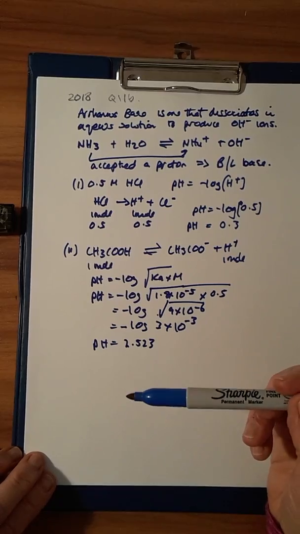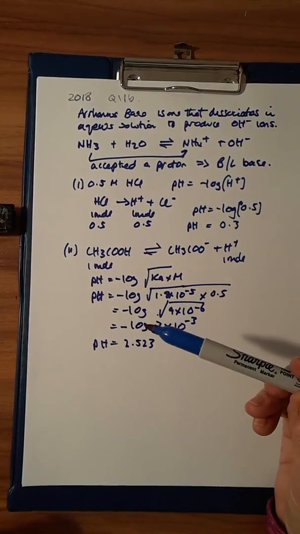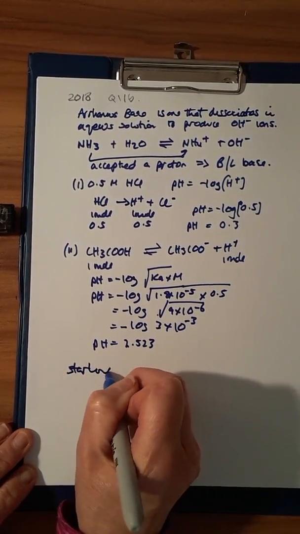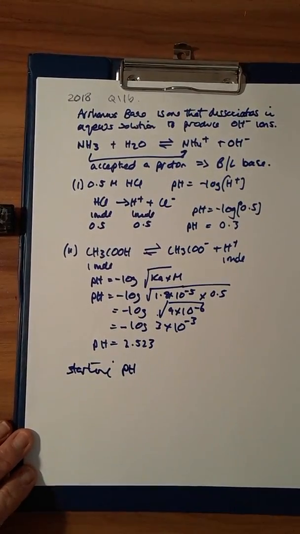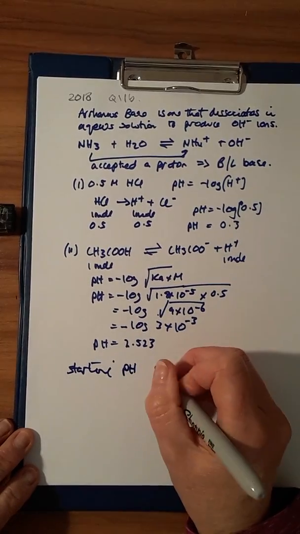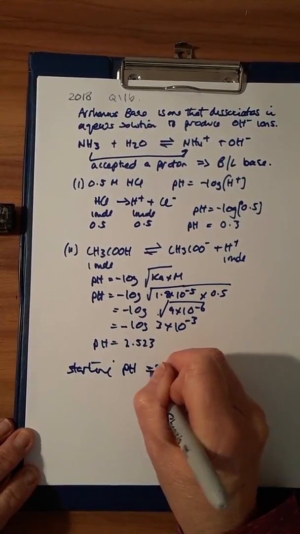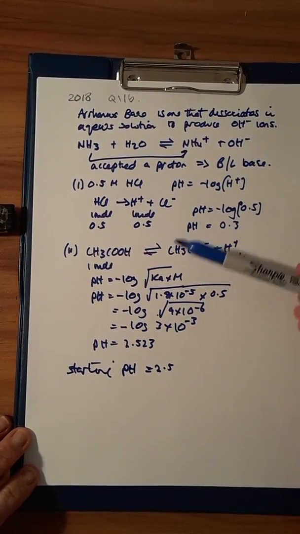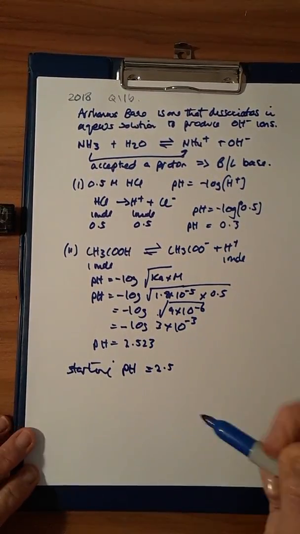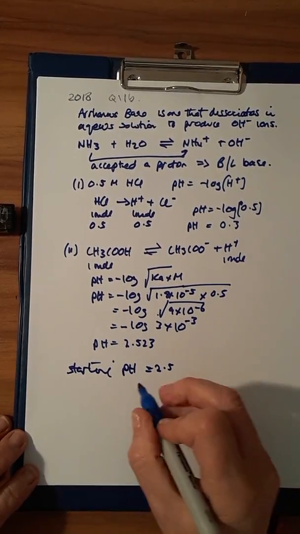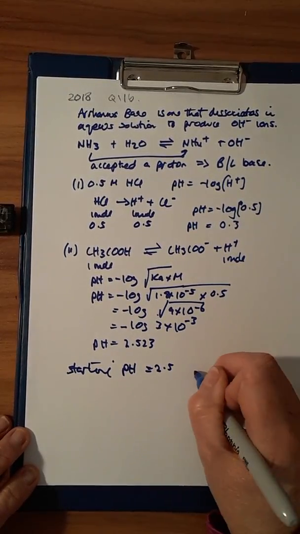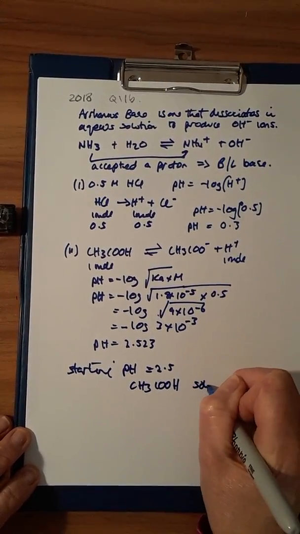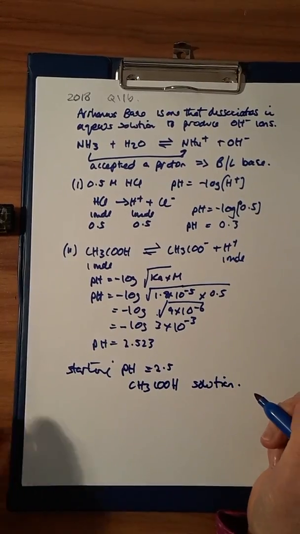Now, if you look carefully at that graph, you can see that the starting pH, when you start adding that base, was at around the 2.5 mark. So therefore, which one of these 2 acids could it be? Of course, the pH of the ethanoic acid is 2.5, so I'd have to suggest it's an ethanoic acid solution, not HCl solution.